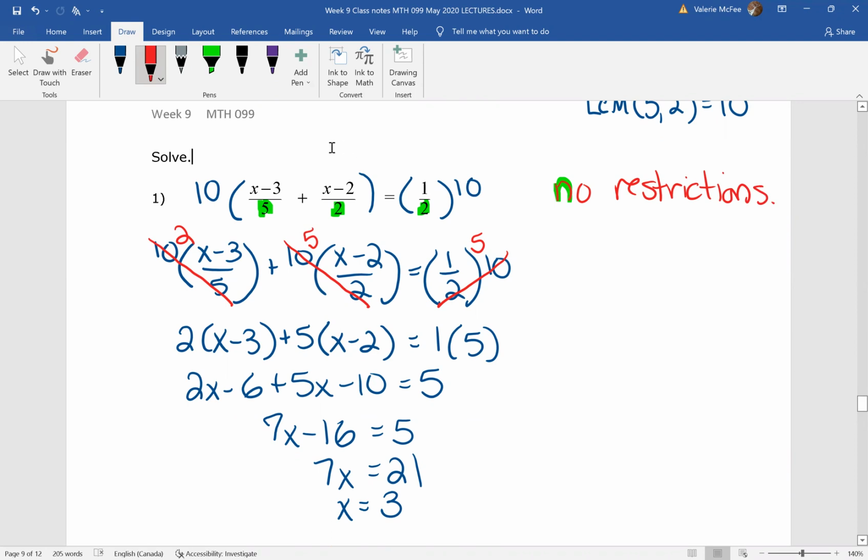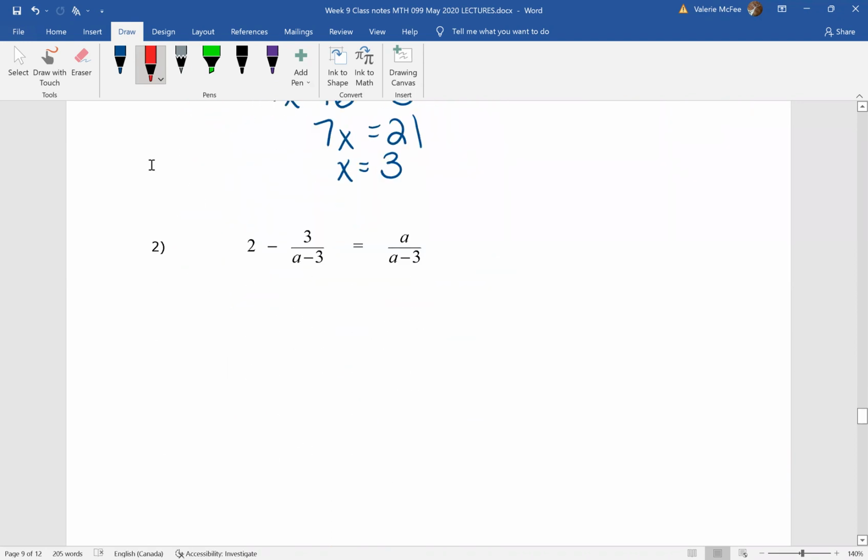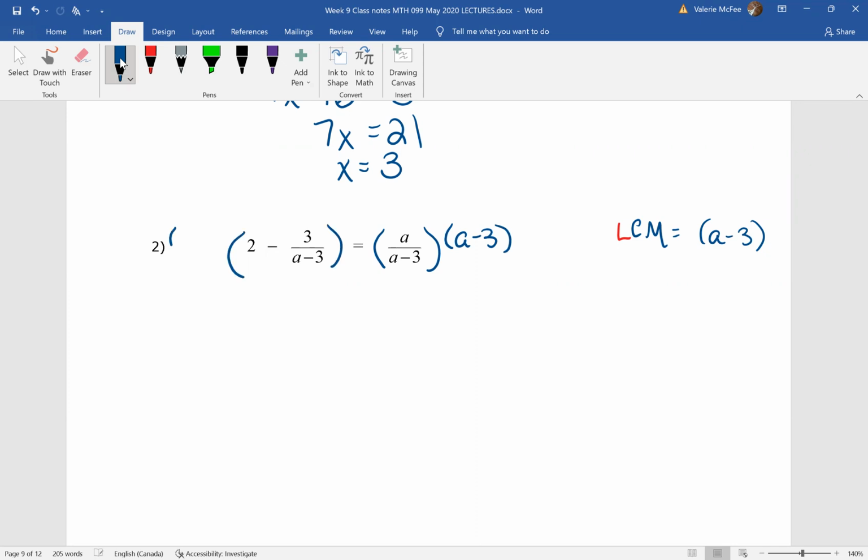Let's look at question 2. We see that the lowest common multiple of the denominators is a minus 3. So we can multiply each side of the equation by our lowest common multiple.